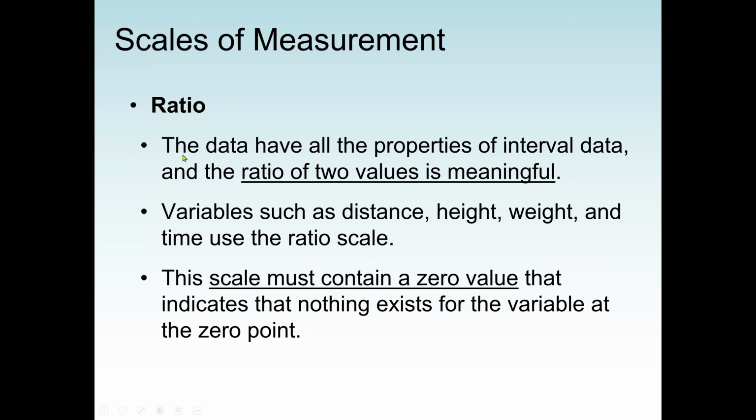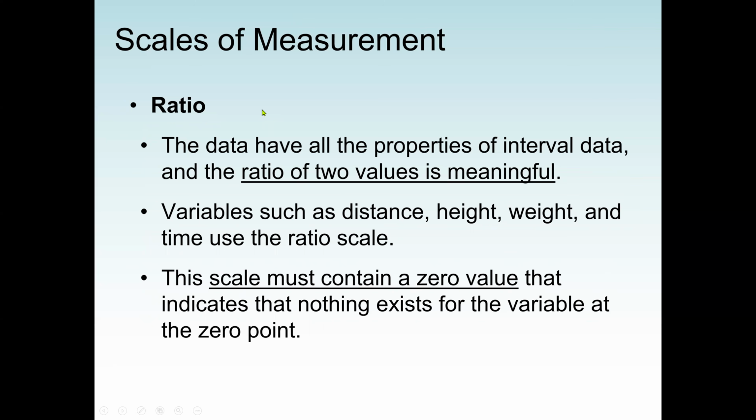A ratio is almost similar to interval, but it also has the property of a ratio. A ratio means the comparison of two values is meaningful. Like in mathematics, college algebra, a ratio means you have two values, one is the numerator and the other one is the denominator. That's the concept when we say ratio in college algebra.